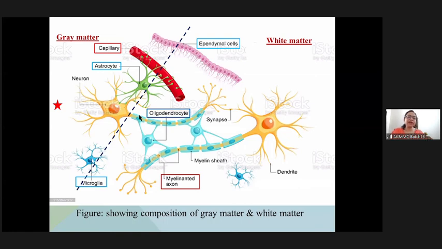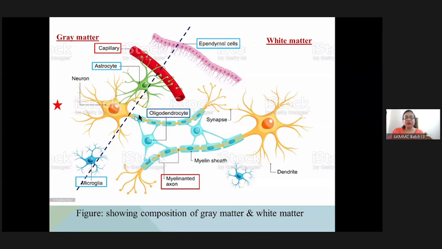They are helping to free this neuron, separating this neuron from the fluid inside the brain. They are not covered by any myelin sheath. That's why this is gray matter.